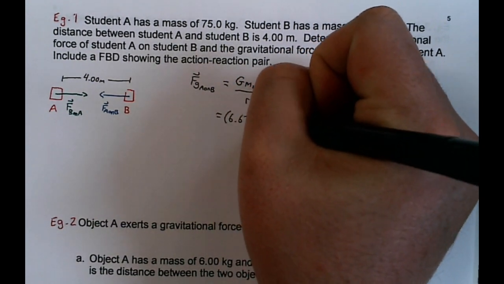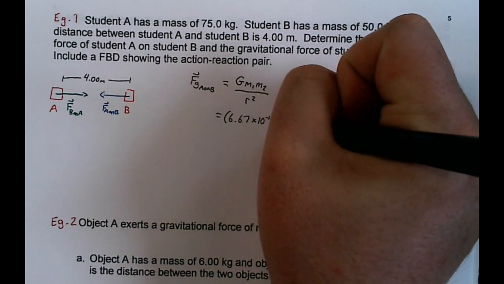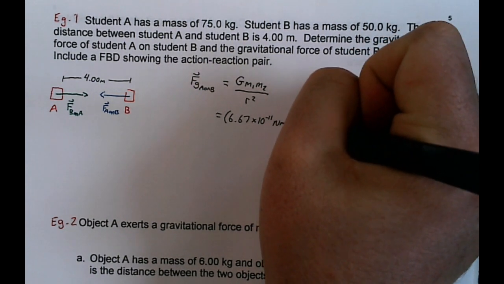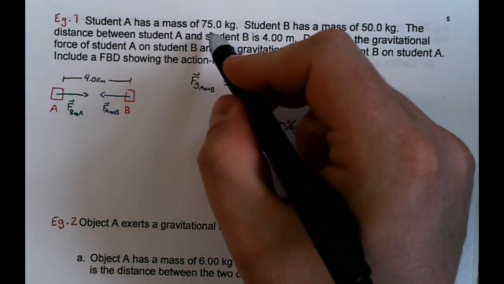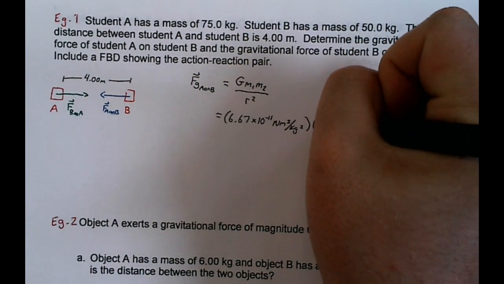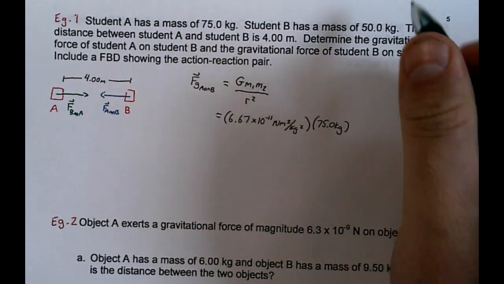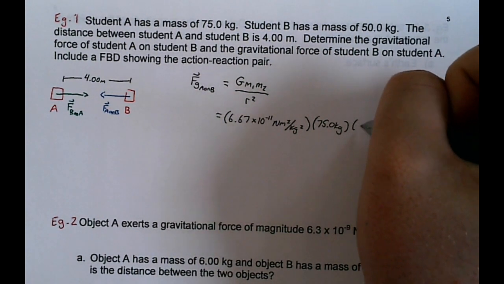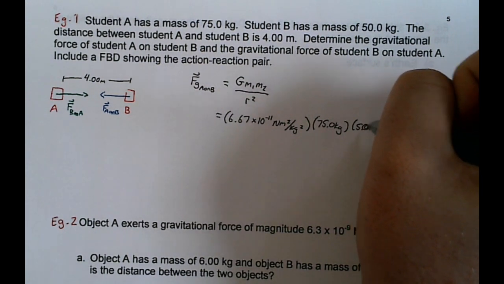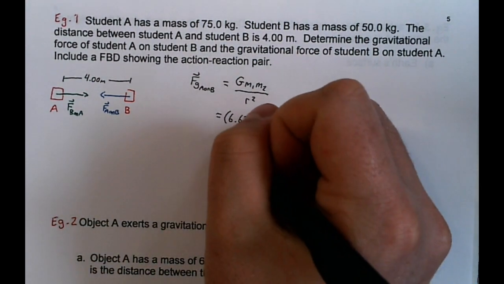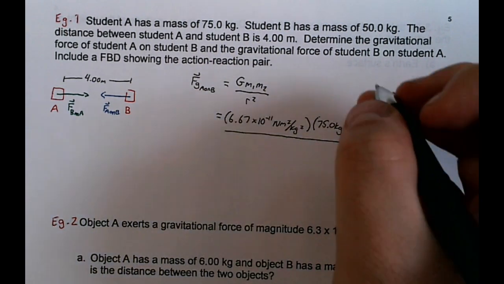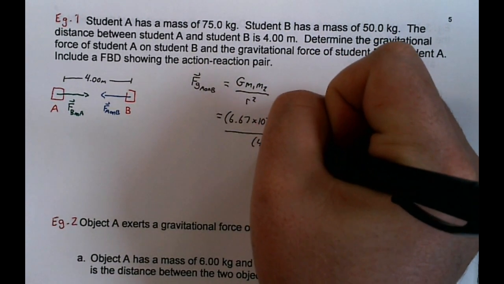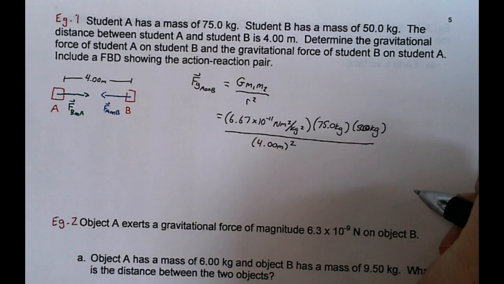6.67 times 10 to the negative 11 Newton meters squared over kilograms squared, times the mass of A, which is 75 kilograms, times the mass of B, 50 kilograms, and that's all divided by the distance between squared, or 4.00 meters squared.